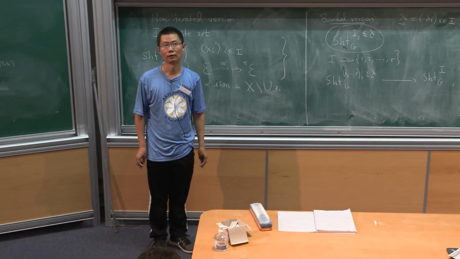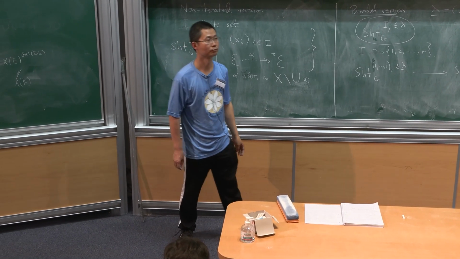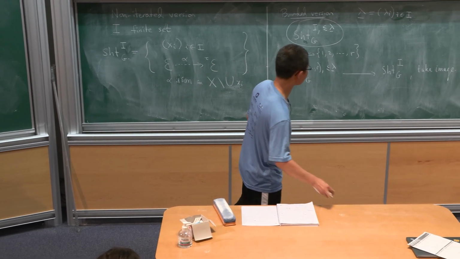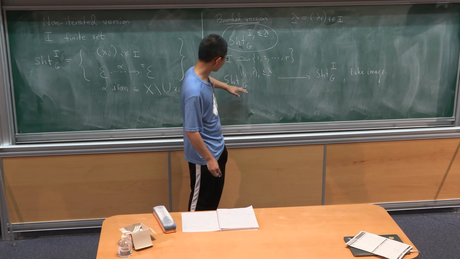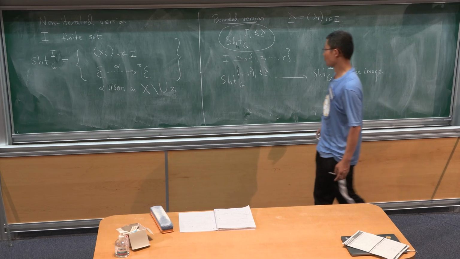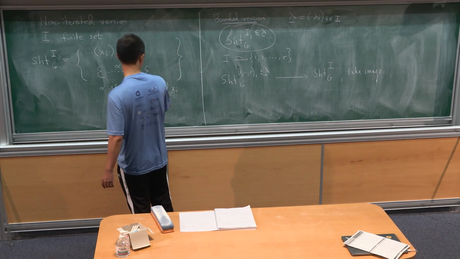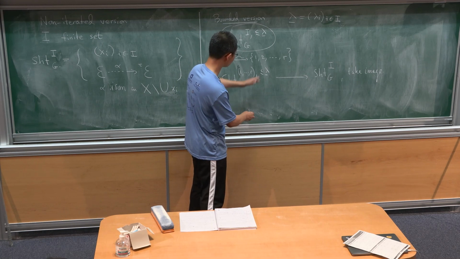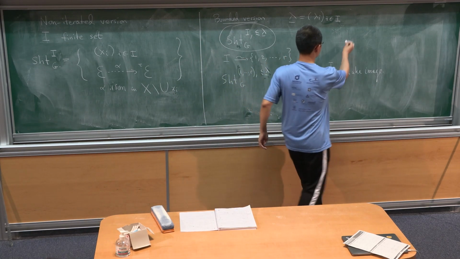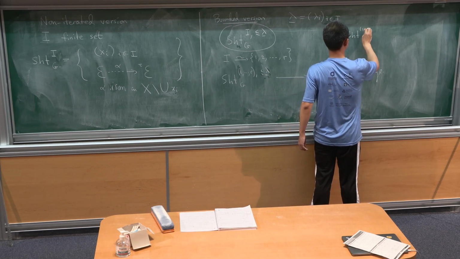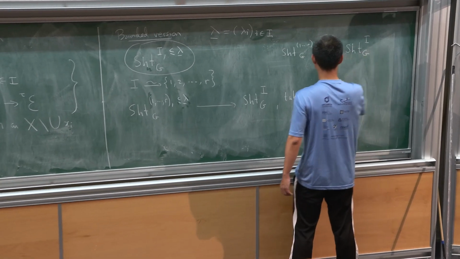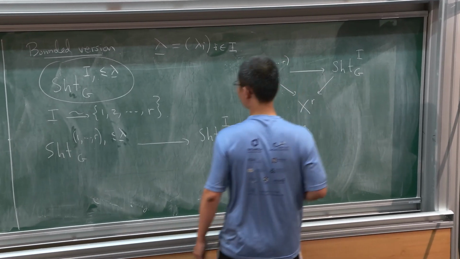Other question? Yes? The question is whether this map is an isomorphism away from the diagonals of X to the r. The answer is yes. If I didn't put a bound here, the iterated maps to the non-iterated, and both map to X to the r.